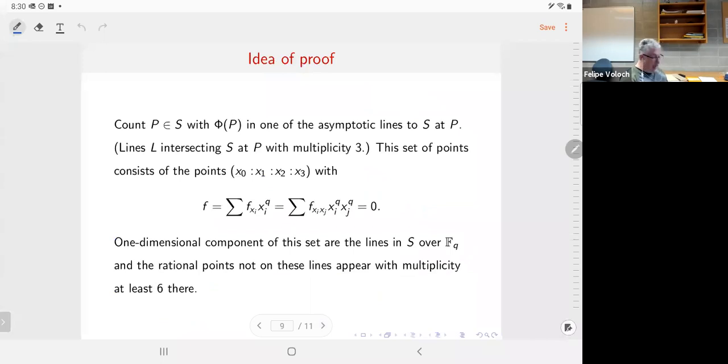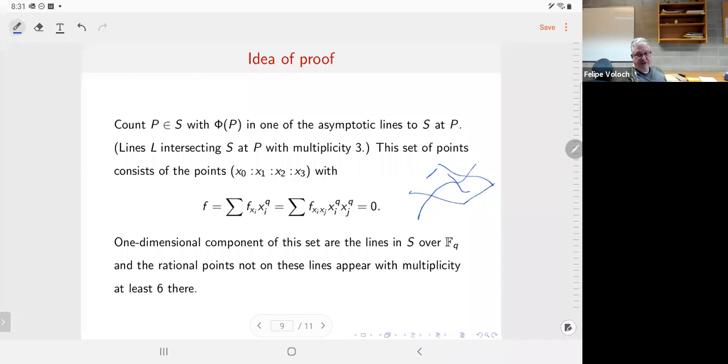So again, you're going to count. You could be tempted to count the number of points P for which phi of P is in the tangent plane to X at P, but that's not good enough because the tangent plane is too big. If you have a surface and you intersect it with the tangent plane, you typically get a curve like this.